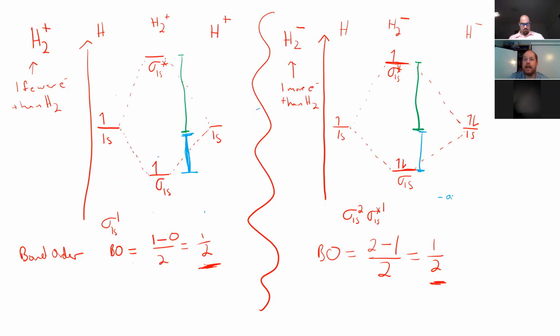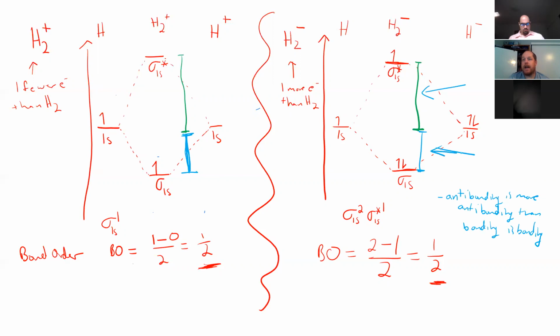And a way to put it is: antibonding is more antibonding than bonding is bonding. In other words, the green, this destabilization is a lot bigger than this stabilization there.